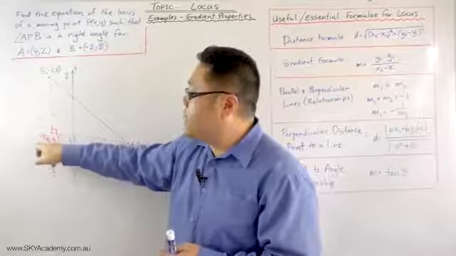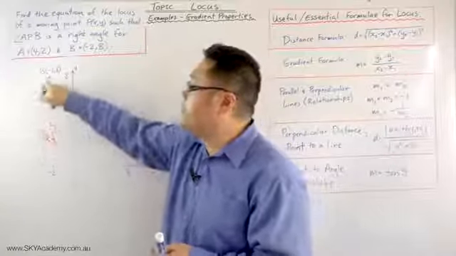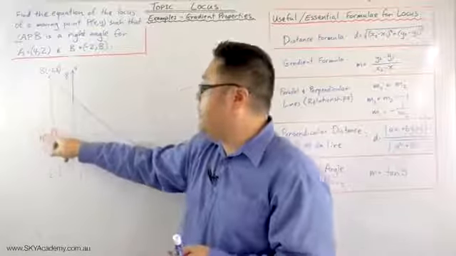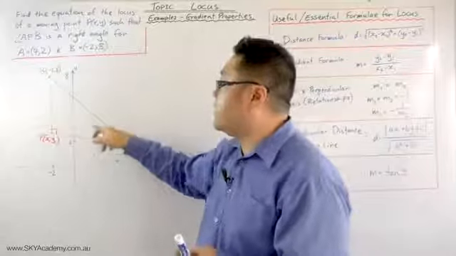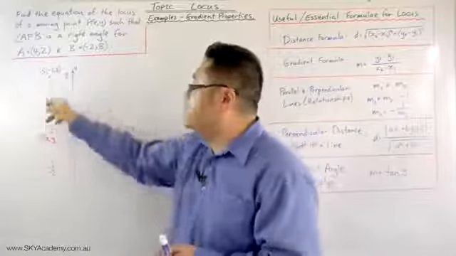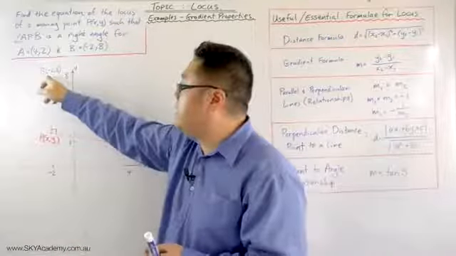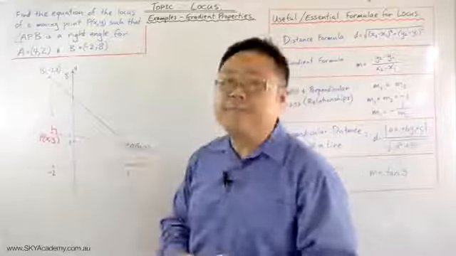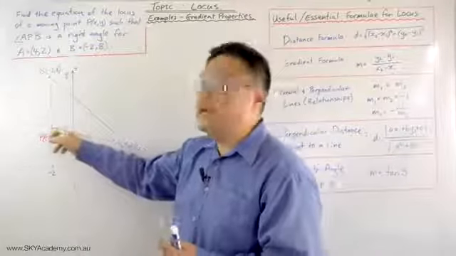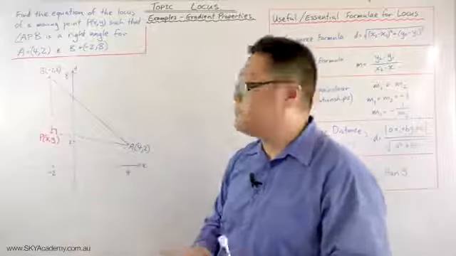The line PB and the line AP are going to make a right angle.